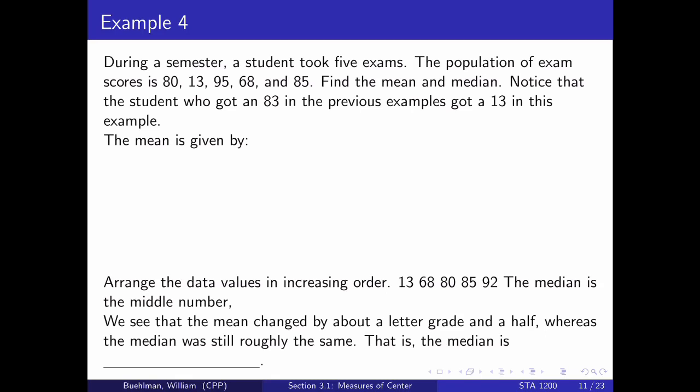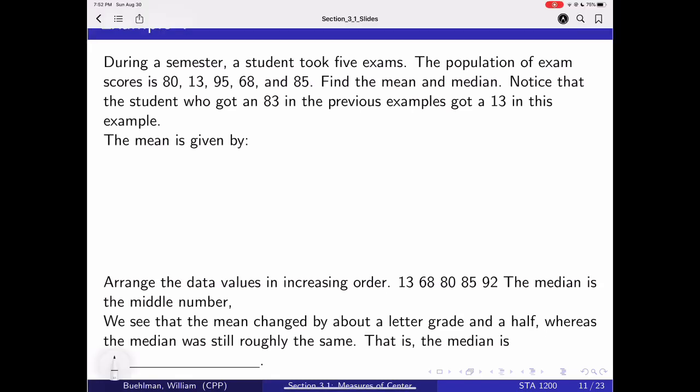So I took the exam scores we had before and I replaced the exam where they got an 83 and I said, let's say they did really bad that day instead and they got a 13 on their exam instead of an 83. What happens? So this will allow us to see how resistant the mean and median are. First, we're going to calculate the mean. Again, we calculate that by summing up the xi's and dividing by n.